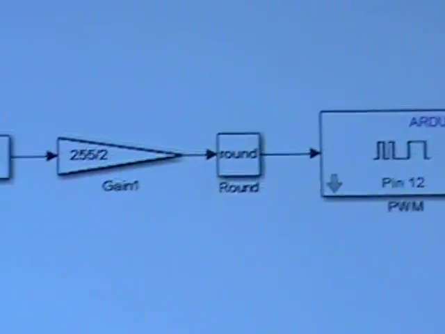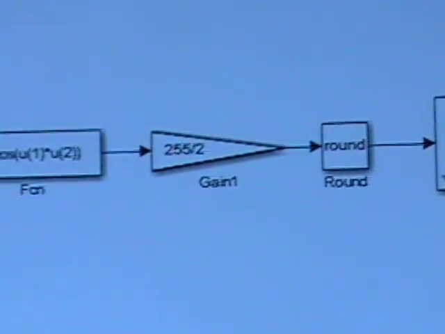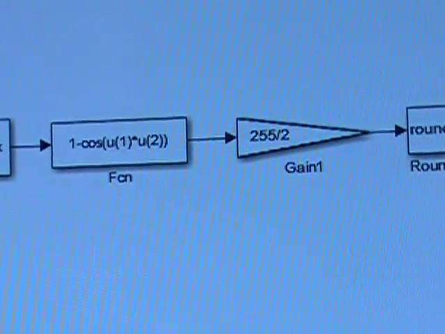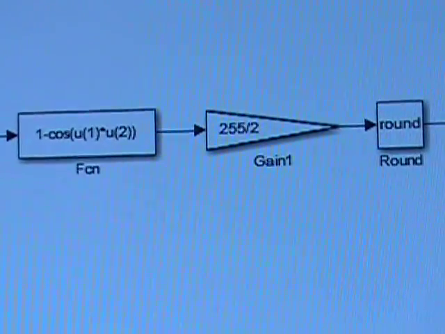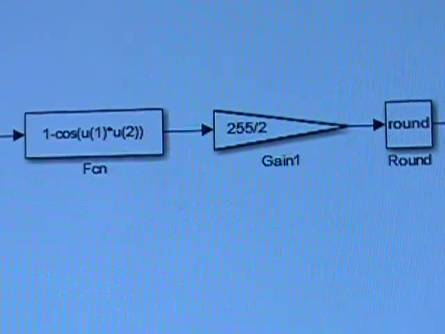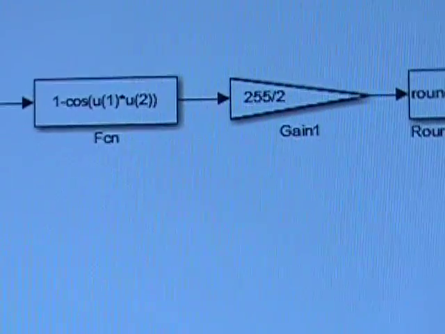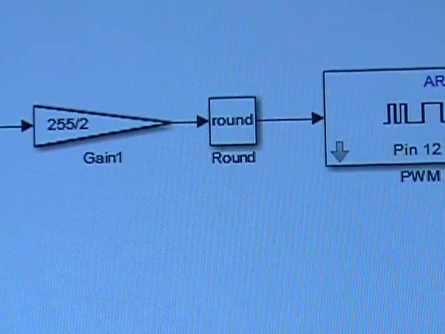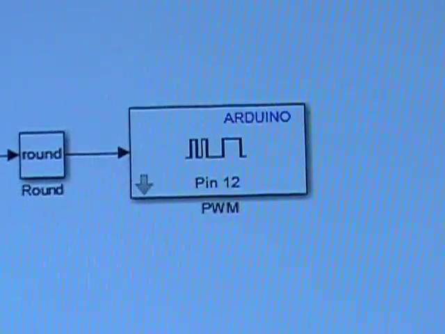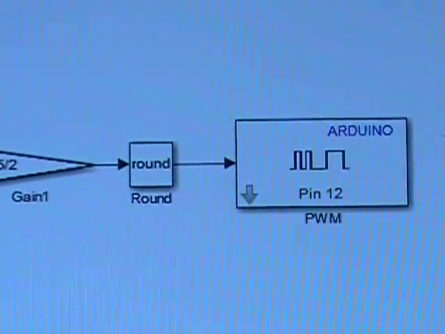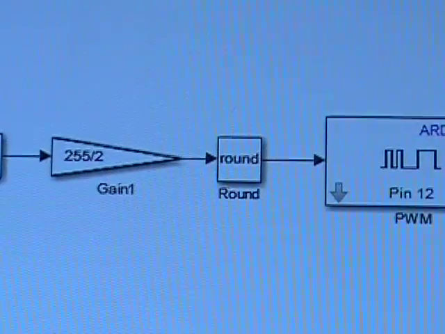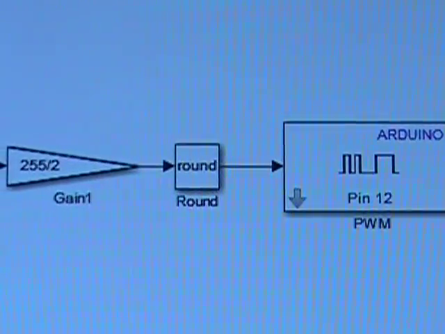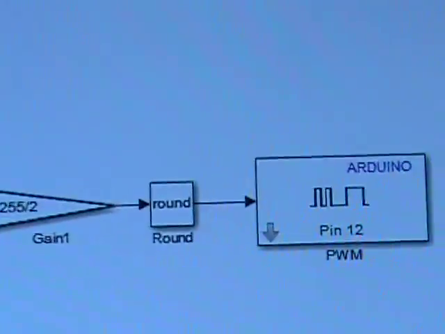So what I'm doing is dividing the output of the sinusoidal function, which ranges from 0 to 2, by 2 and then multiplying by 255, rounding it to discretize my values, and then I'm outputting that to the Arduino. So my output will be a sinusoidal function with a frequency between 0 and 5 hertz.